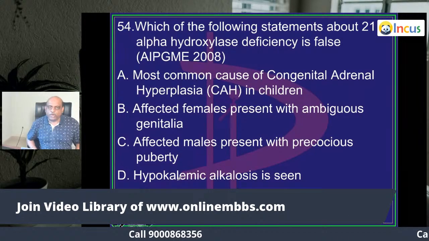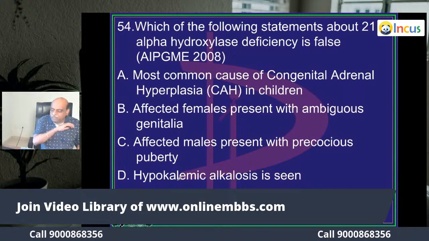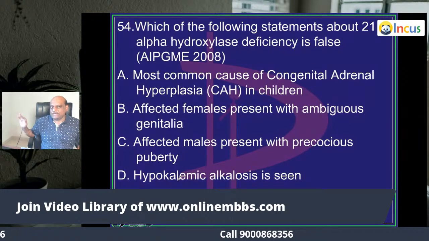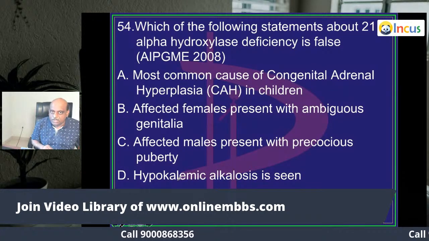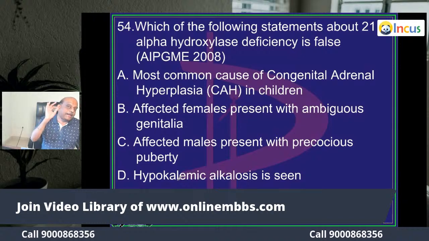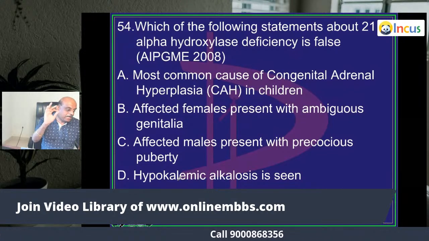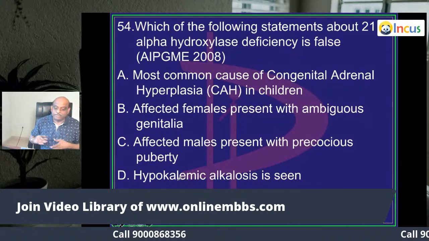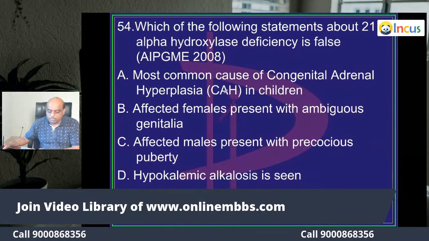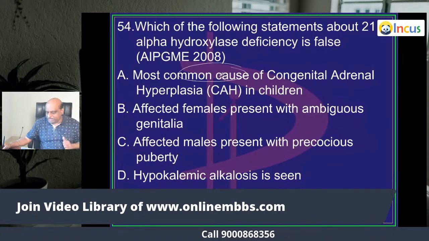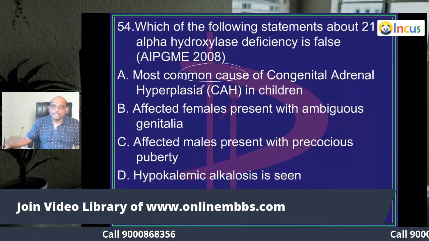So doctor, in the online mbbs.com video library, there's a beautiful 28 minutes review lecture on CAH, congenital adrenal hyperplasia. Please take an opportunity to do the revision. The most common cause of CAH is 21 alpha hydroxylase deficiency.